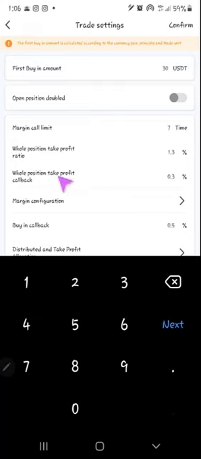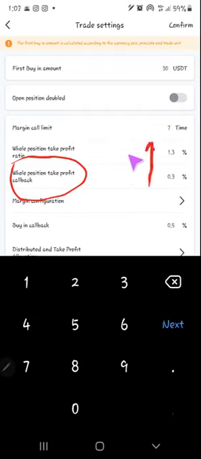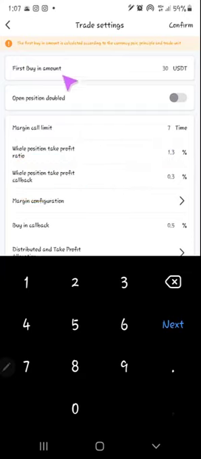Now this parameter here, whole position take profit callback. You are telling the robot that in a situation whereby this coin has started pumping, and it pumps up to, let's say, 1.2. You have instructed the robot to take profit at 1.3, but this coin actually pumped to 1.2.